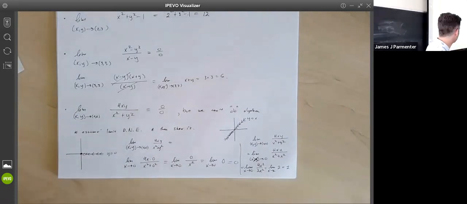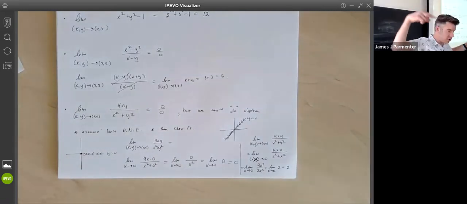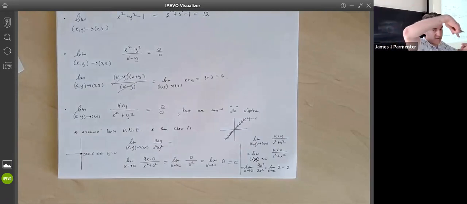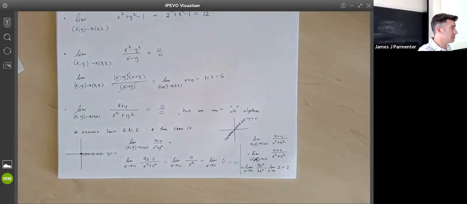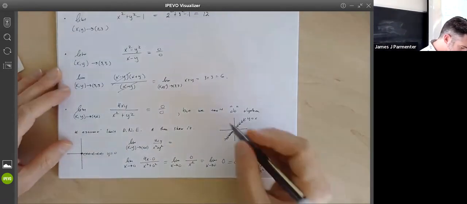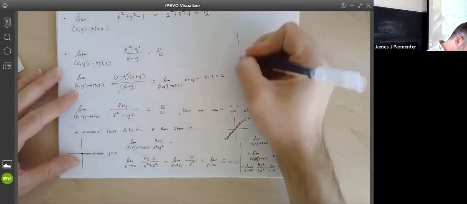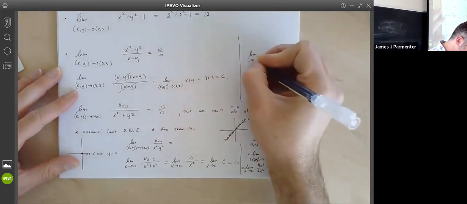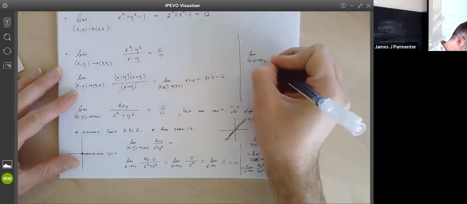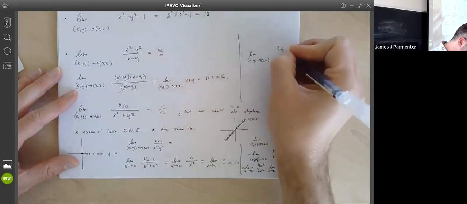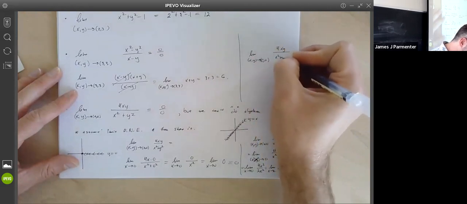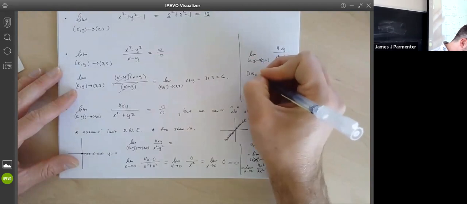And now look, we have limits from different directions having different values. That means the limit doesn't exist. So here we can say that this limit as x, y approaches 0, 0 of 4xy over x squared plus y squared does not exist.